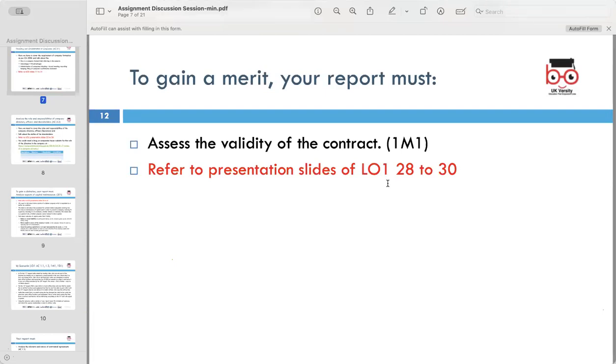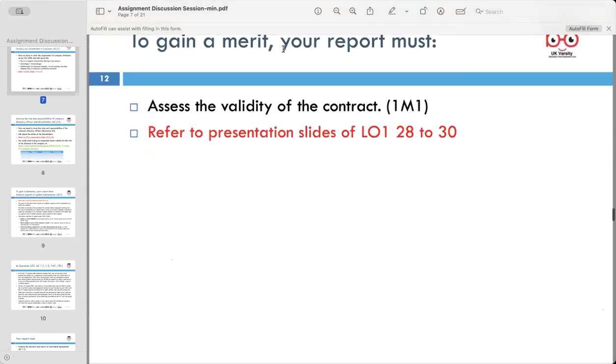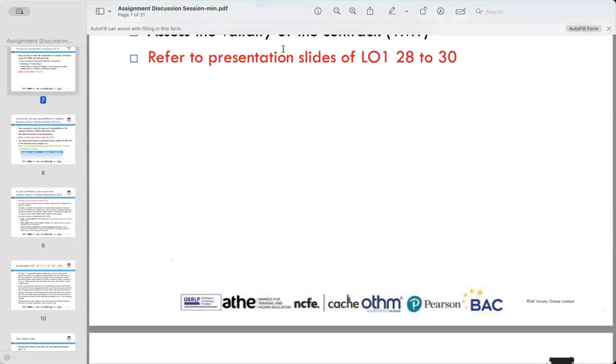Evaluate if any uncertainties arise due to Jodi's change of mind. But if you don't want to go that long, you don't need to talk about Jodi's change of mind and what Jodi said or what Harry said. Okay, you understand that now? So to get a pass or merit or distinction, you can go that deep down, and you can touch some more. You can give examples, and you can use a case law as well.